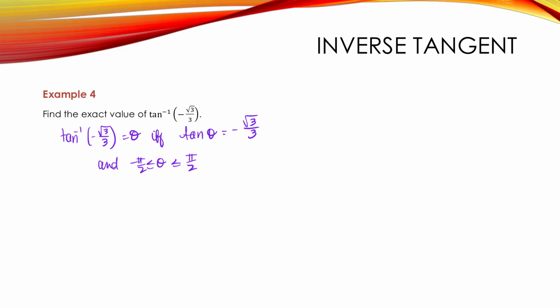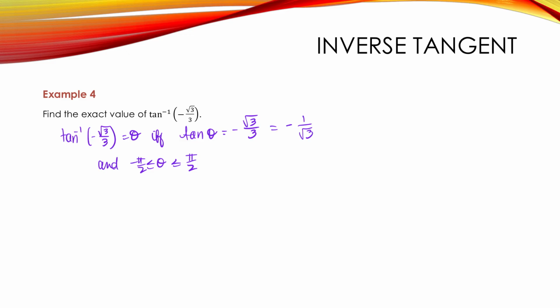So that's what we have to remember. If tangent is negative root 3 over 3, that's the same as saying that was really a negative 1 over root 3 before we rationalized it.